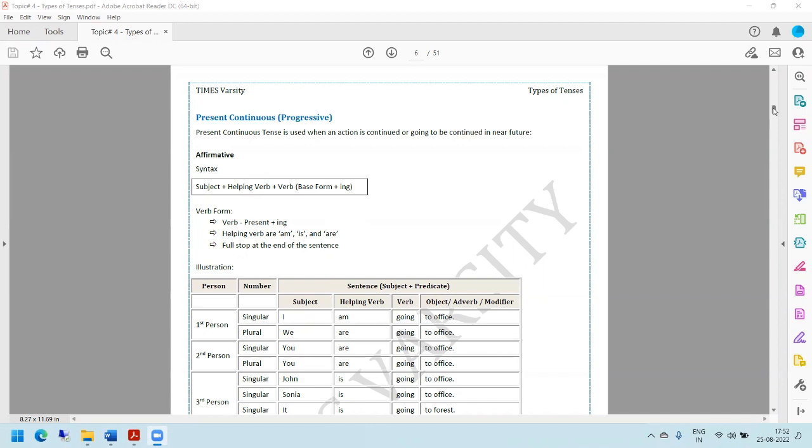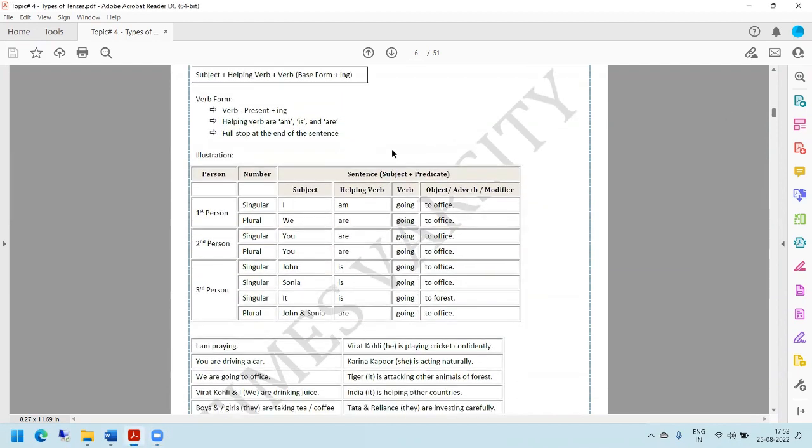Let's look at some examples. First person singular: I am going to office. Let's say I am going to office and somebody asks me, where are you going? Then I will say, I'm going to office.